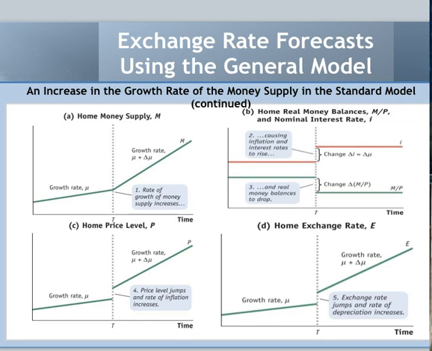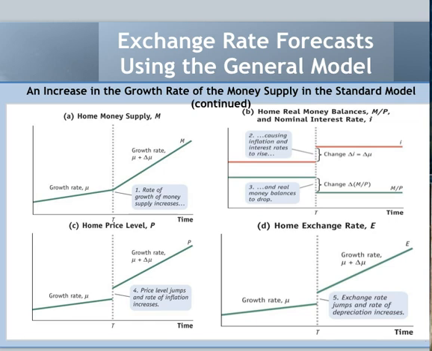So in panel C, we notice that when we plot the price level, we have to account for the change in P as a result of the sudden drop in money balances. And again, because capital M has been increasing, P has to be increasing proportionately to compensate for the increase in the money supply.